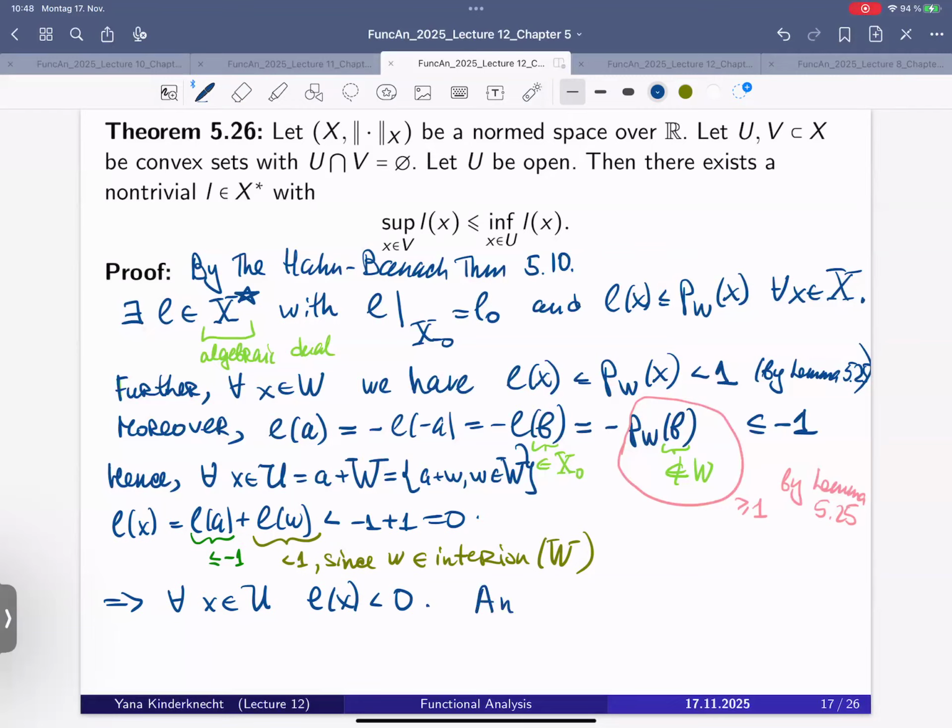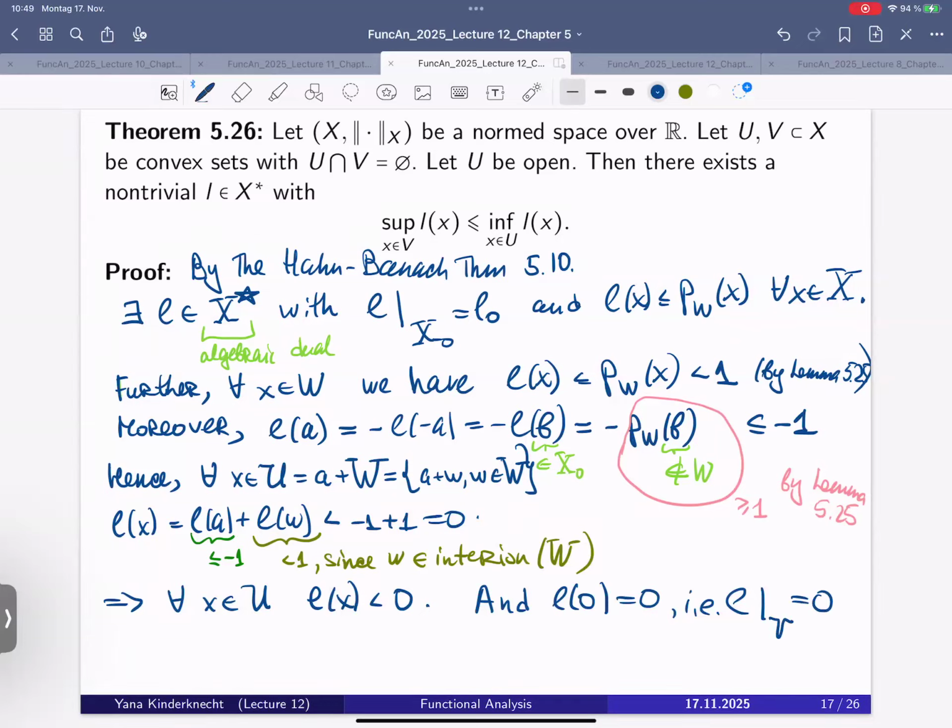And L of 0 is 0 because L is a linear functional. For all linear functionals, we have this identity. But this identity means that L restricted to V is 0.